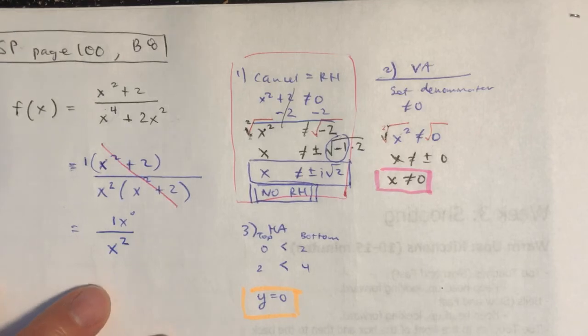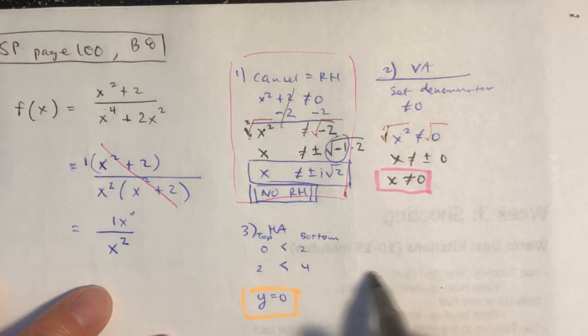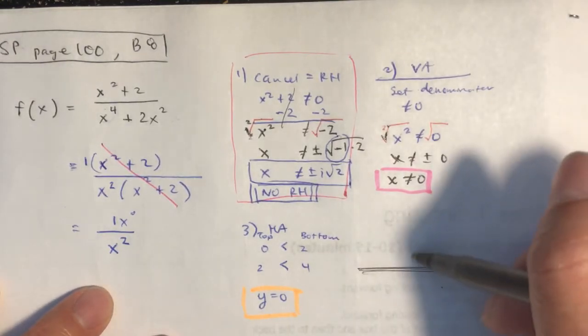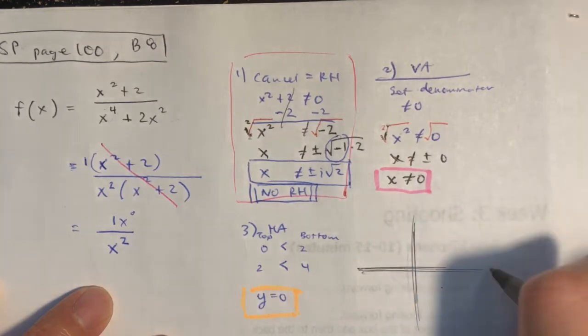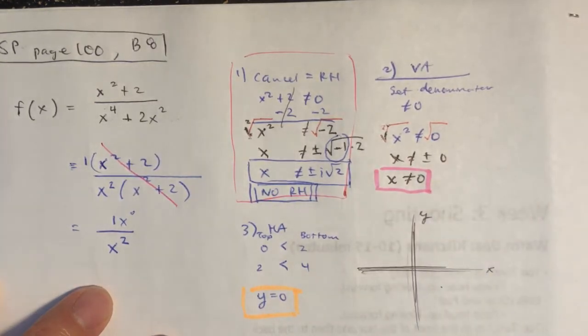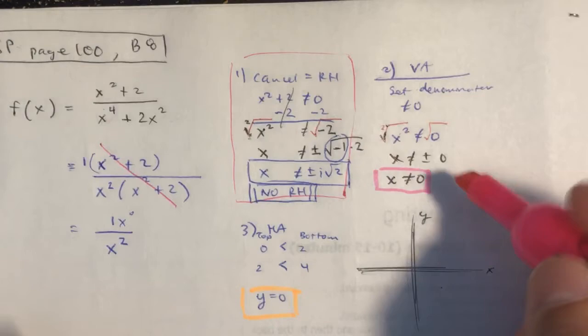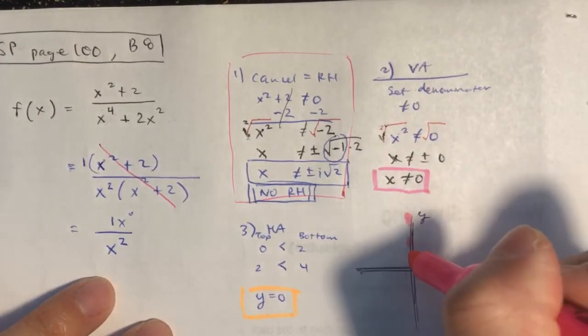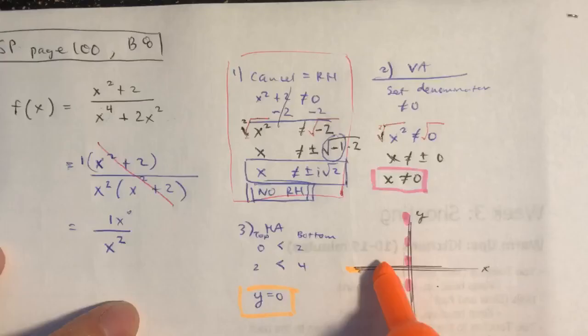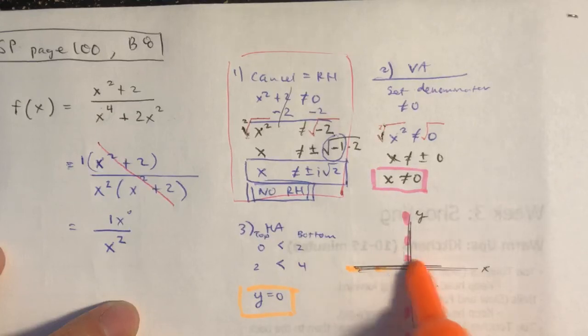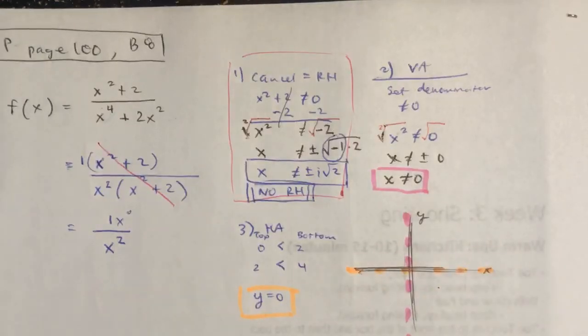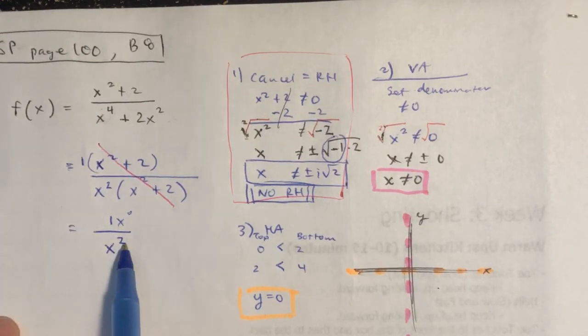Let me just draw a quick graph so you can see what's happening. Here's my x, here's my y. This vertical asymptote is here, and this one's going in this direction. And remember, this is an even.